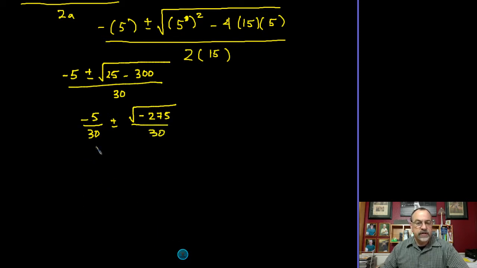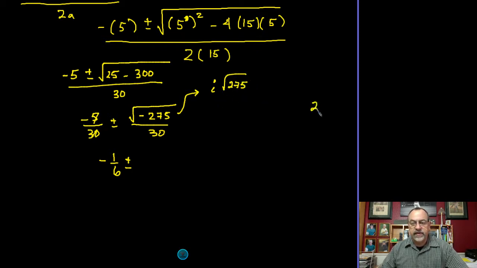The negative 5 over 30 reduces to negative 1/6. So I have negative 1/6 plus or minus, and now I need to simplify this. The negative sign is going to become an i outside, 275. So I simply need to simplify 275.